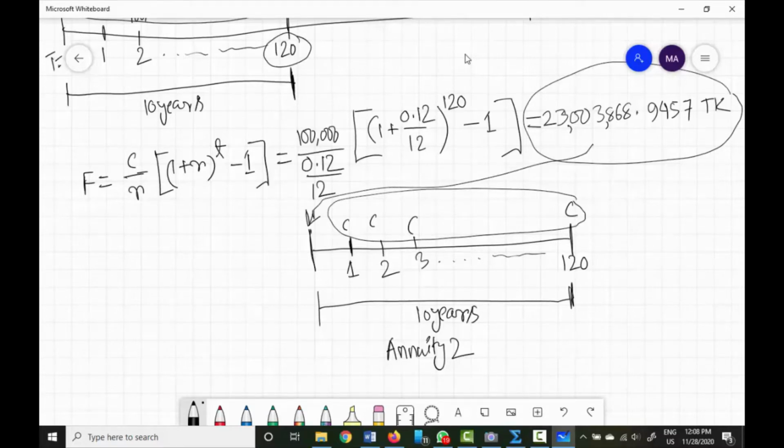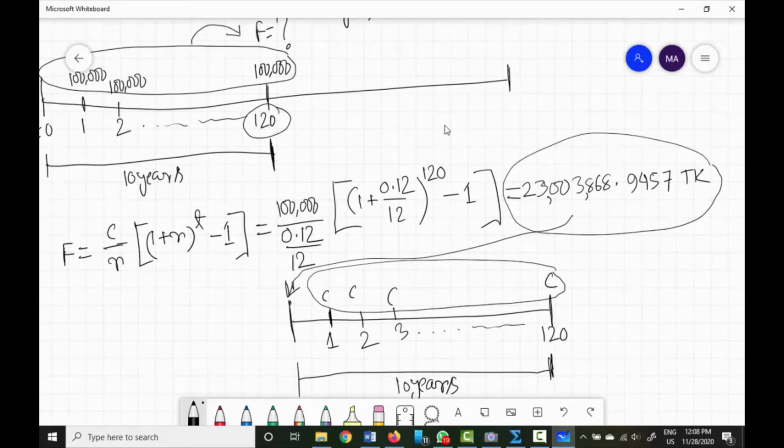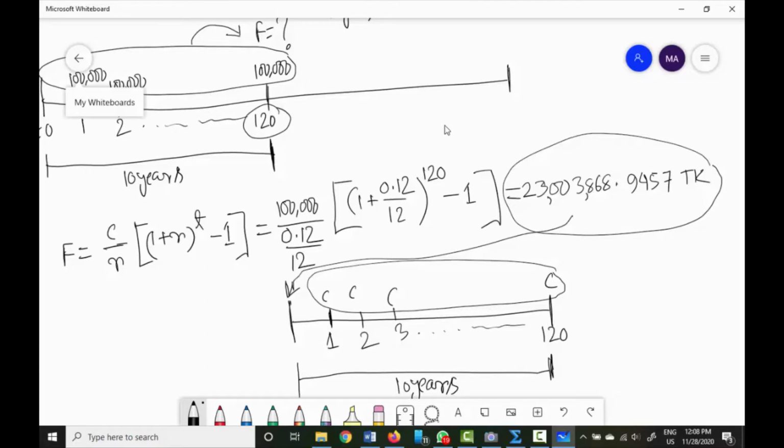So after 10 years of depositing 100,000 taka at the end of every month, this is the amount that you have accumulated.